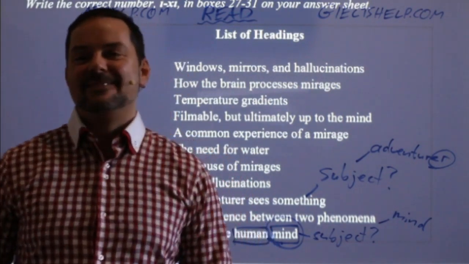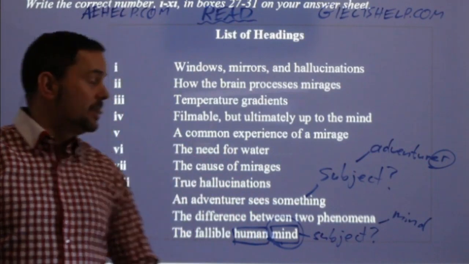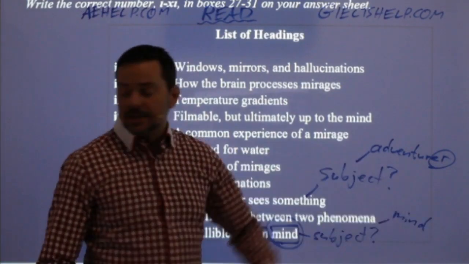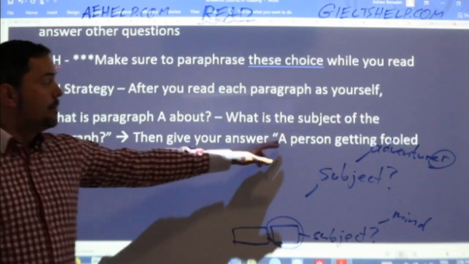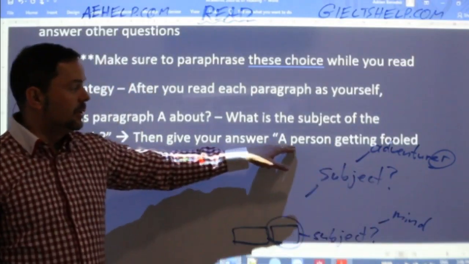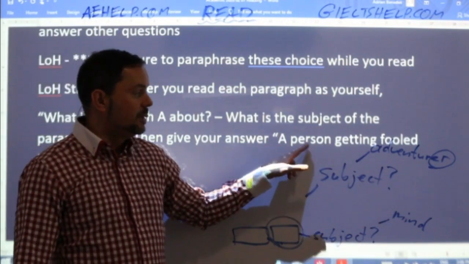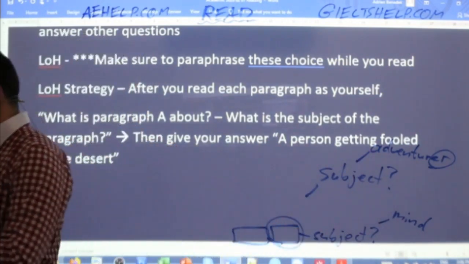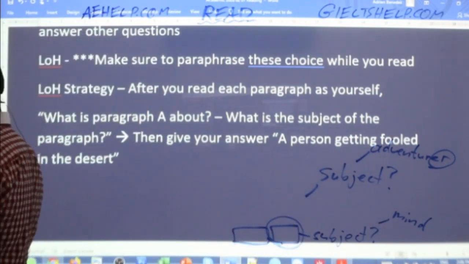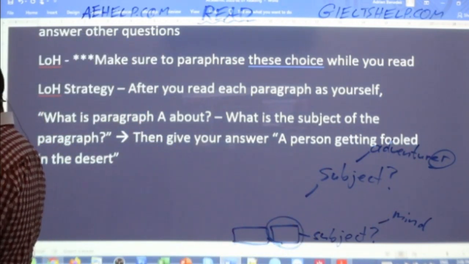Pavan agrees that it's 9. Okay, yeah, definitely. So the subject here is adventure. And if we look at my answer here, a person getting fooled, then here it's also a person, right? So person, adventurer, that has to be, okay? So careful with the way you interpret the choices. The subject has to match, okay?